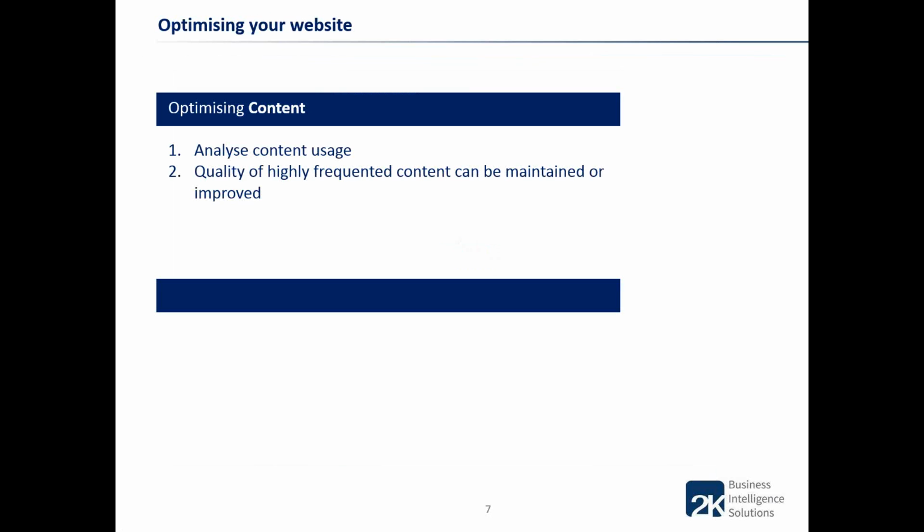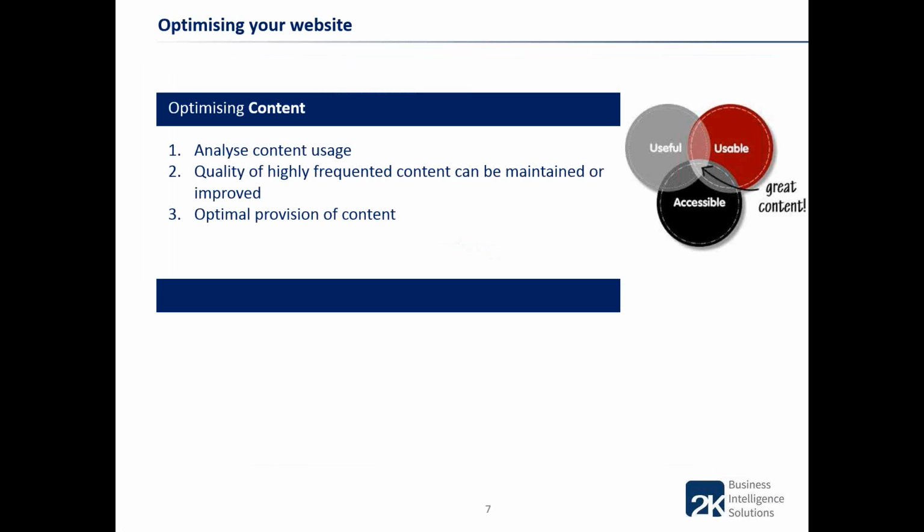Then obviously that can be used to improve the quality of highly frequented content, and not just the quality but obviously also the quantity if possible, and ideally will lead to an optimal provision of content to your users to support customer loyalty, retention, happiness, all those kind of aspects we're also going to be touching on in a minute.